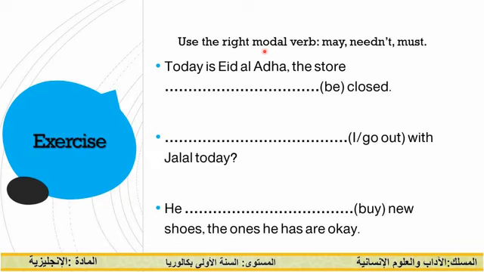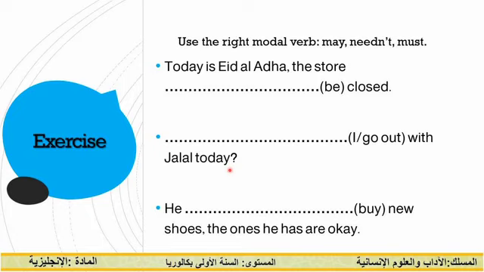There's open and then there is closed. The second one, the subject is I, the verb is go out, with Jalal today, so this is a question. Keep that in mind and remember the form that we have already seen in the chart or the table.